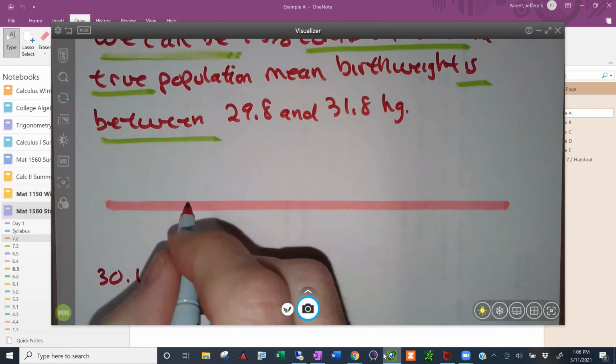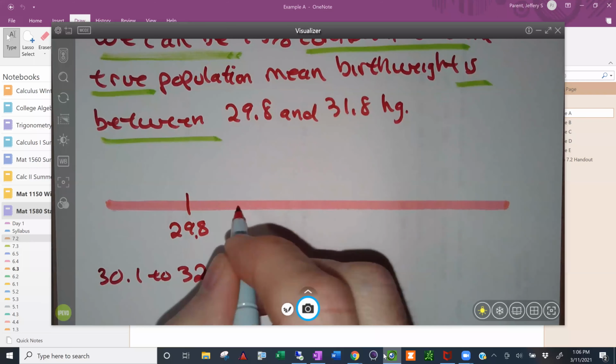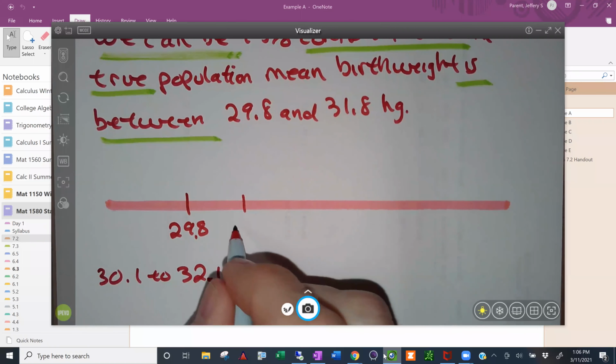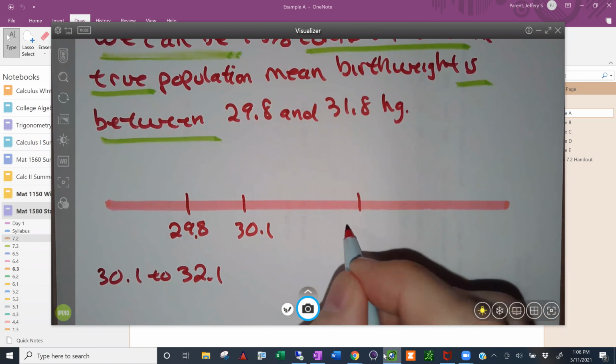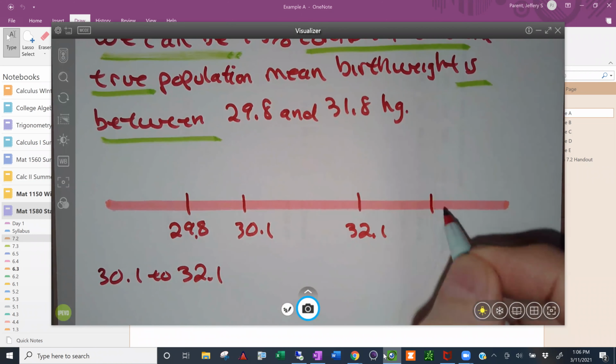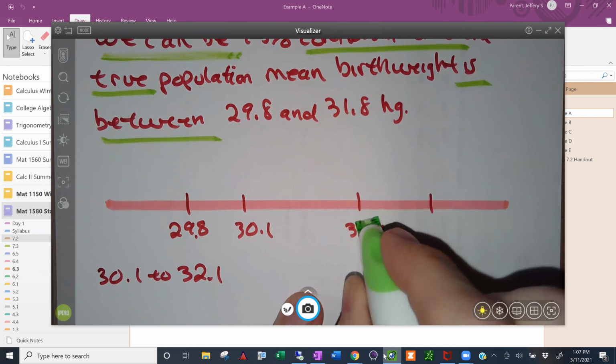Well, let me put those all on a number line. There's 29.8. There's 30.1. There's 32.1. And, excuse me, I should do 31.8 first. Yeah, rats. I'm going to keep these in order.